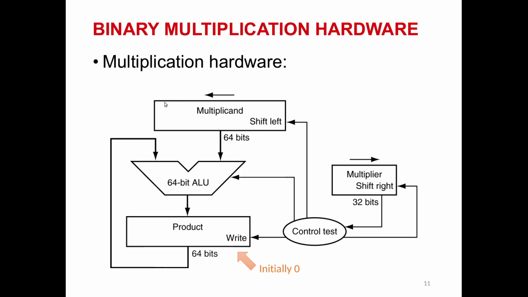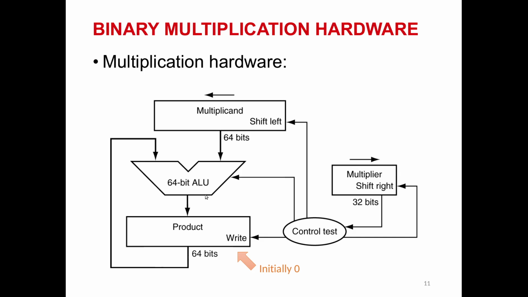You will have a register here for the multiplicand. This register we need to shift 1 bit to the left after each iteration. The multiplier register is here, and it will need to shift to the right for 1 bit after each iteration.